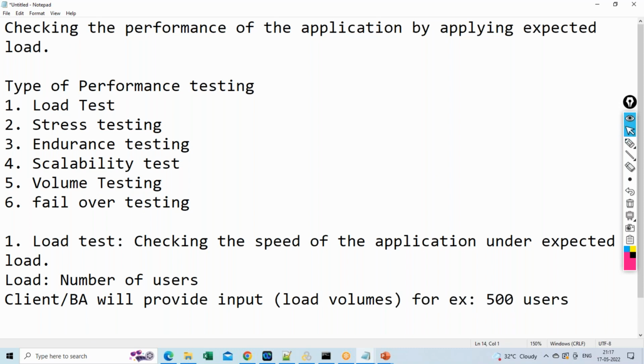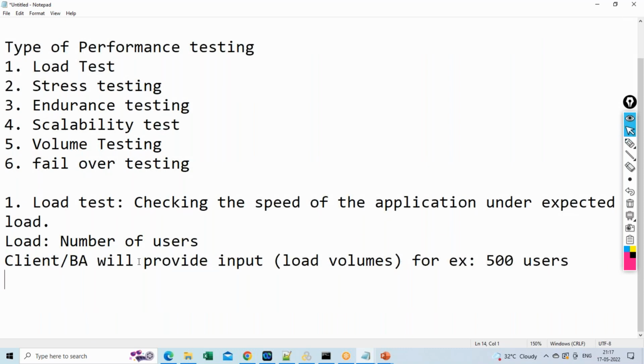Now one more important point with respect to load test is that the load test will be executed for 1 hour. That means you can start at 9:15 a.m. to 10:15 a.m., 9:30 a.m. to 10:30 a.m. It's up to you, but generally it should be executed for 1 hour.